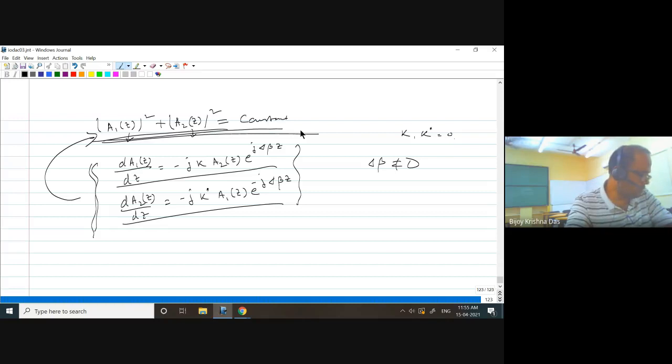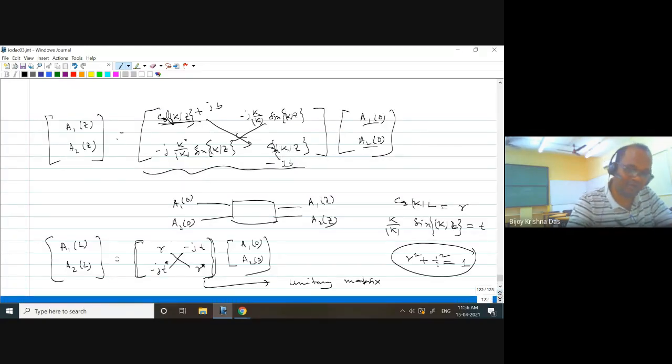So I think whatever I have discussed today is very, very important. I will be using this particular matrix again and again, because this coupled waveguide is the basic thing for integrated optics. Wherever necessary, this matrix will be a little bit modified, and I'll be using it to understand the integrated optical circuit performance.